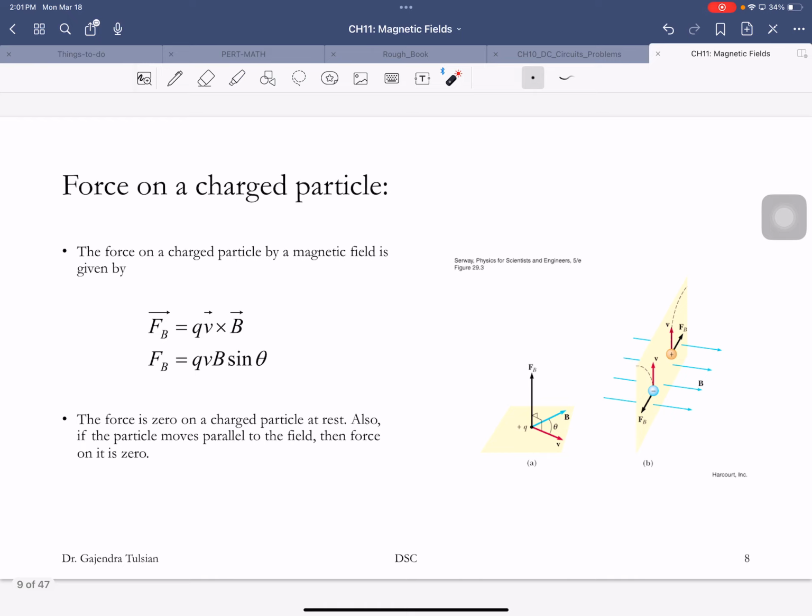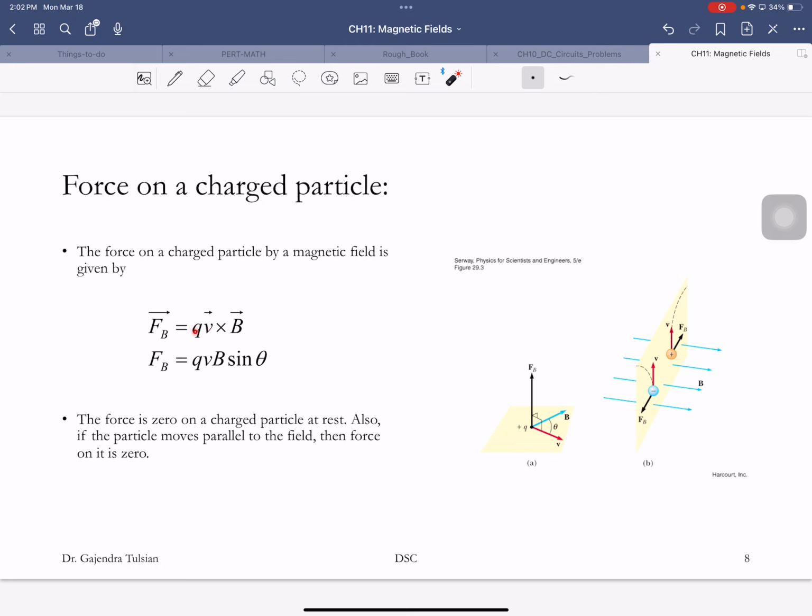Okay, so here's the magnetic force on a moving charged particle. So for instance, if the particle was at rest, if V was 0, the force on that particle would be 0. The magnetic force would be 0, and you couldn't detect it. So you need the charge to be moving.